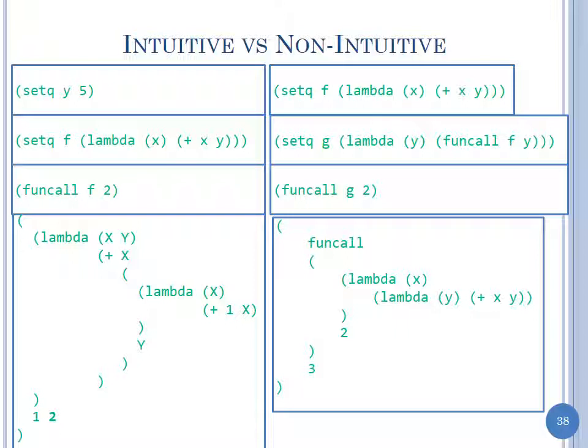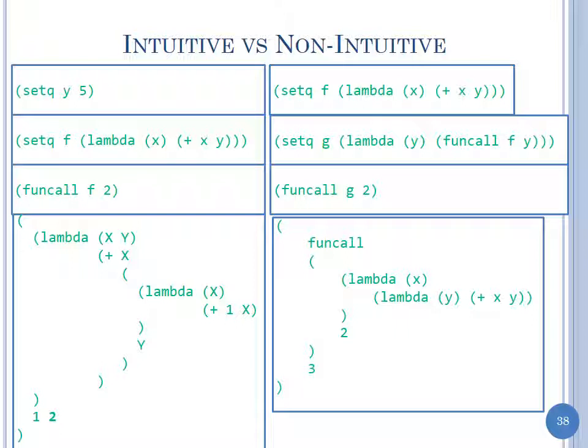The difference between static and dynamic environment is the parent environment, right? In one case it's a defining environment, in one case a calling environment. They will return the same results when the defining environment is the calling environment. There's nothing to prevent the defining environment from being the calling environment. Okay, so that's when they will be intuitive.